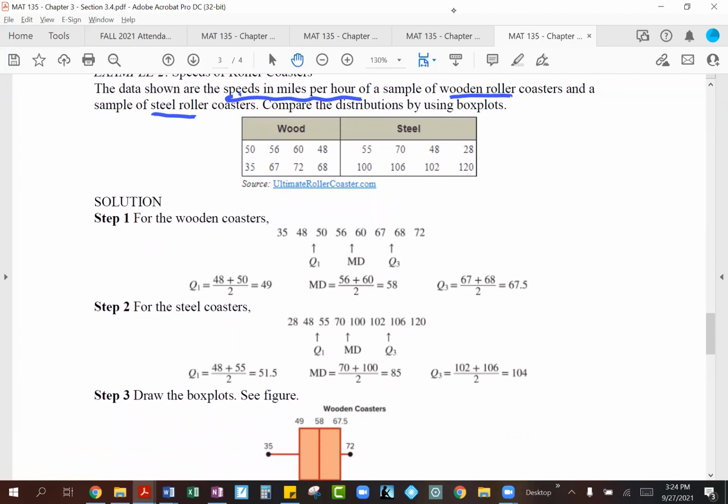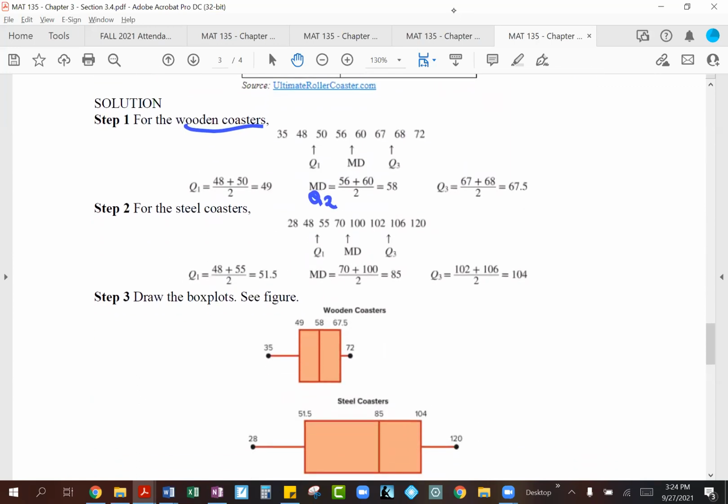So you can see with our wooden coasters over here, once we do our calculations, what your median, quartile 1 and quartile 3 end up looking like. Remember, your median is the same as quartile 2. They're doing this for the steel roller coasters as well.